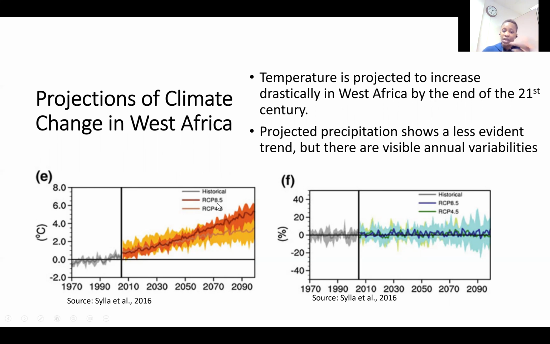So the RCP 8.5 gives the highest amount of emission possible, while the RCP 4.5 is just in between, because we have the RCP 2.6 and 6.0. So this suggests that there would most likely be more drought events, since we have a very evident increase in temperature to about 6.0 degrees Celsius by the end of the 21st century, and more interannual variabilities of precipitation.